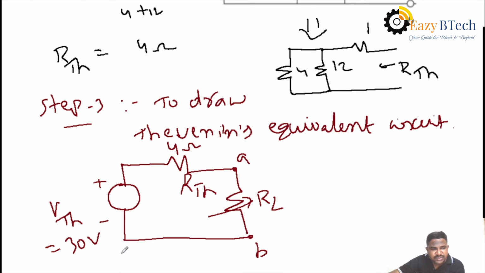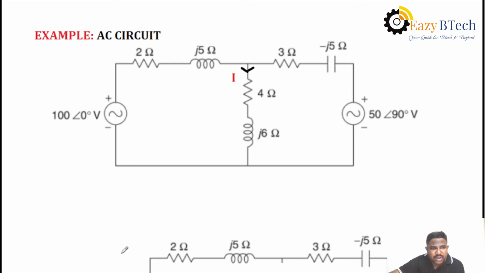The Thevenin's theorem you can also apply for AC circuits. That is, I have simply taken one AC circuit. Here our aim is to find out the current passing through the branch 4 plus J6 impedance. Here two sources are given, that is 100 voltage source and 50 voltage source.